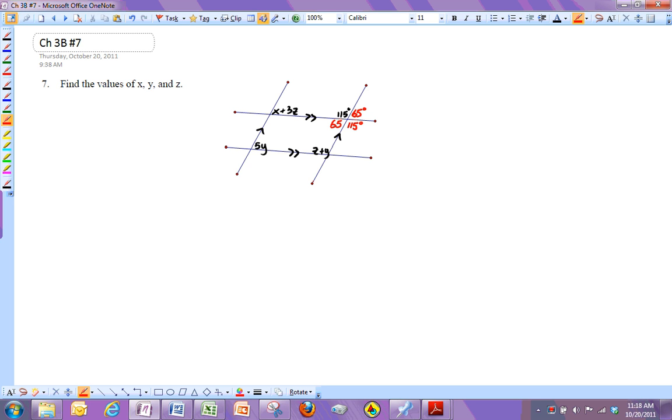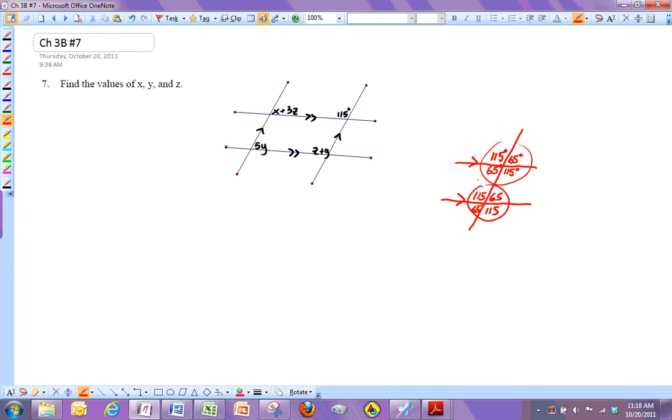If I look right here at this line and these two parallel lines, if I move this over to the side, this one's 115. Since these are parallel, I can slide these four down to here because these are their corresponding angles. So this one's 115, this one's 65, this one's 65, this one's 115.